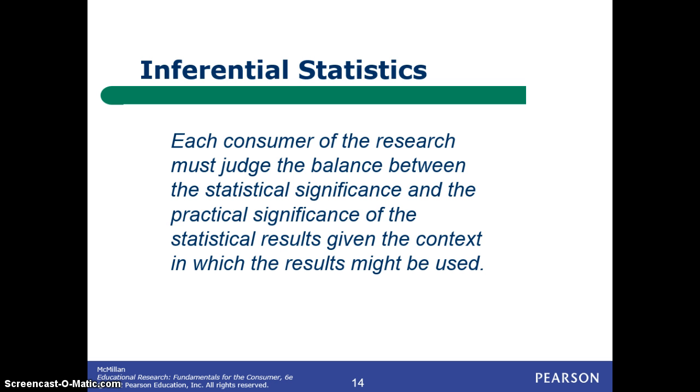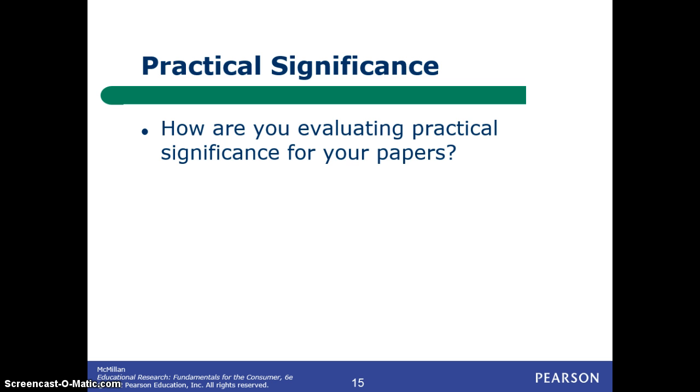On this slide, I want to think through an example really quickly. Each consumer of the research must judge the balance between the statistical significance and the practical significance of the statistical results, given the context in which the results might be used. As we think about practical significance, think about how you are evaluating practical significance for your papers.